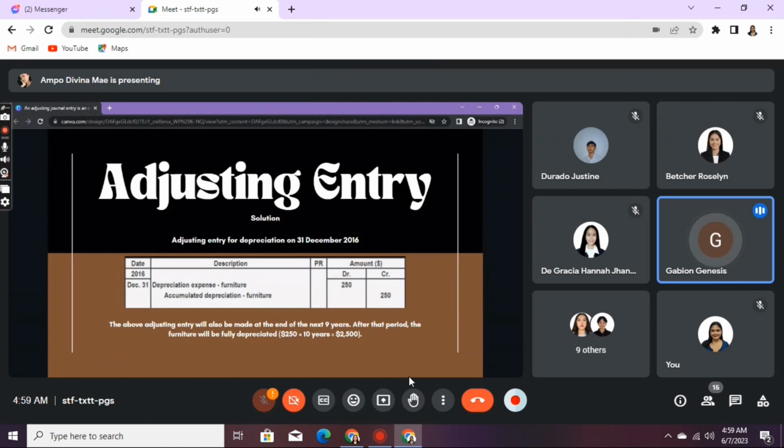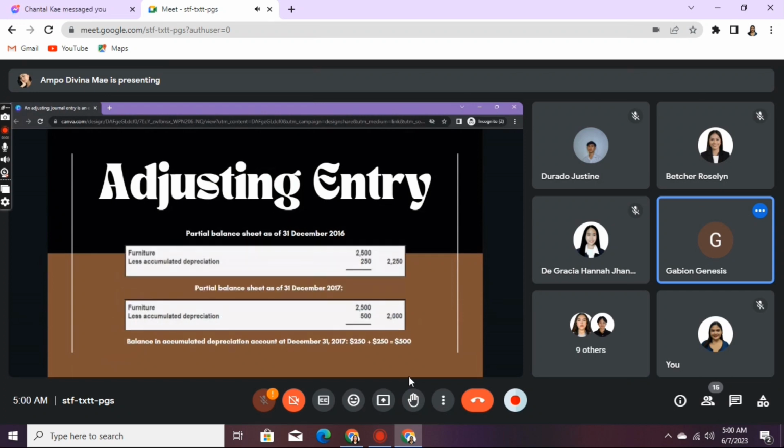Next please. So this is the balance sheet of December 31. Furniture 2,500, less accumulated depreciation of 250, with a total of 2,250.